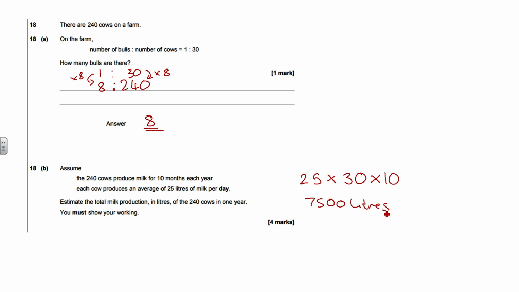Probably want some communication. So 25 litres per day. 30 approximate days in a month. And then 10 months.